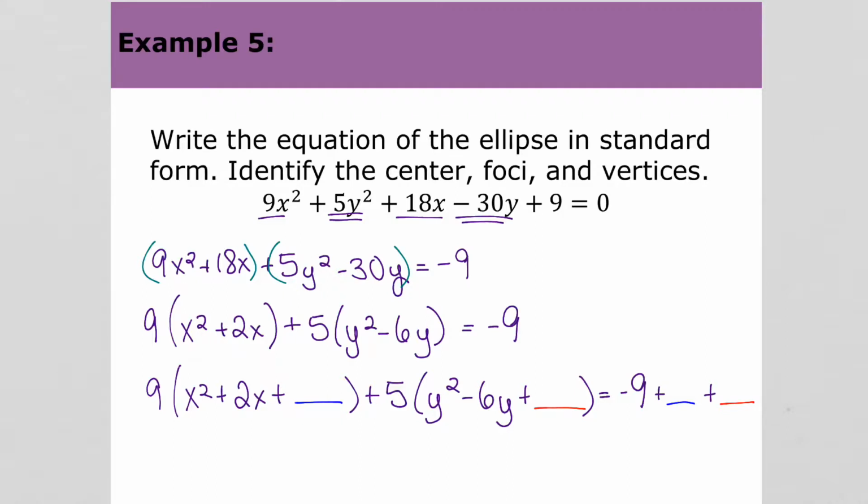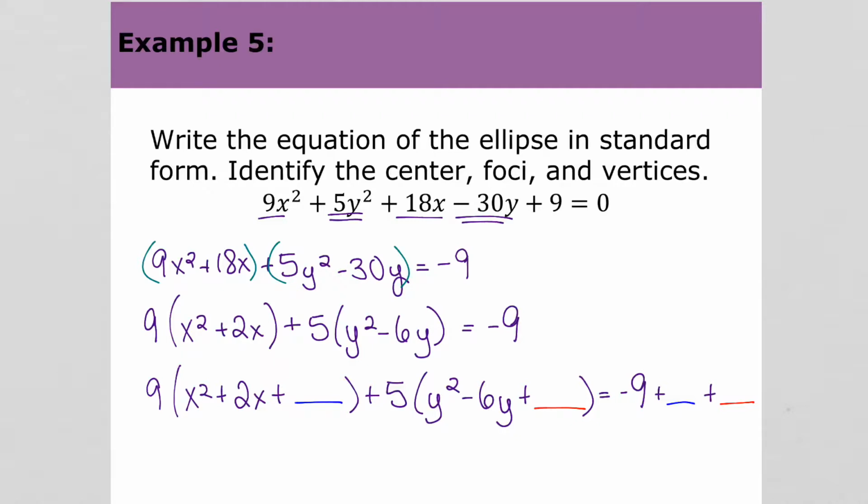How do I know what to add? Well, remember completing the square. If you've forgotten how to complete the square, I think I've provided a video somewhere in here in a previous section, one of our first sections, or you can look it up on Khan Academy.